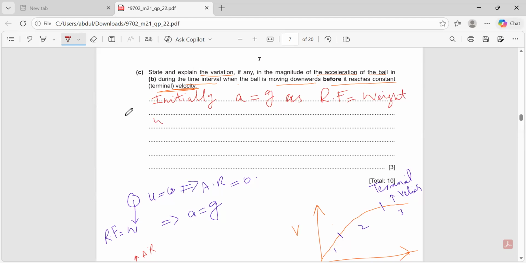So when the speed of the ball increases, air resistance also increases.